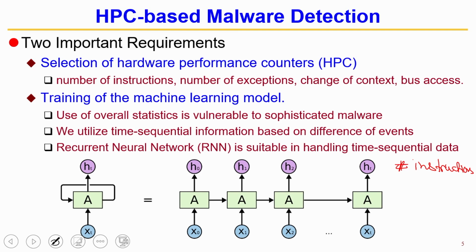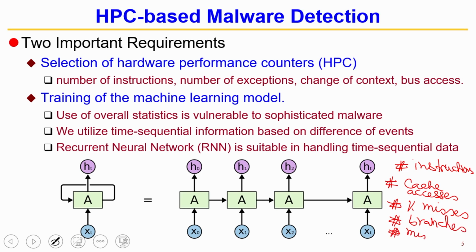Then it would also give you the number of cache accesses, how many load instructions are sent to the cache, the number or percentage of misses, how many cache misses there are, the number of branches, what percentage of instructions are branches, and how many of them are mispredicted. So, pretty much any architectural event you can think of, there is a counter for it.